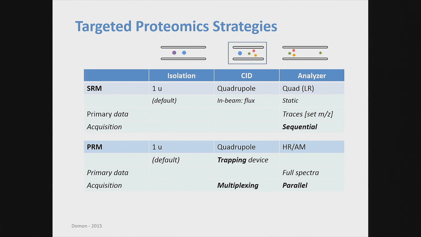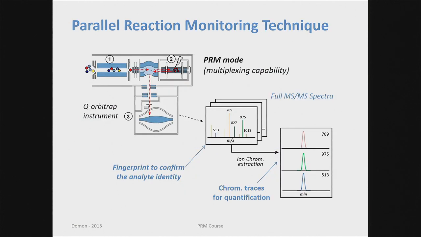What we call multiplexing in PRM is basically measuring in a targeted way a couple of precursors, typically the endogenous peptide and the corresponding internal standard, which we know exactly what they should look like in terms of fragmentation, and we quantify them at the same time. And that allows us to increase the duty cycle a little bit.